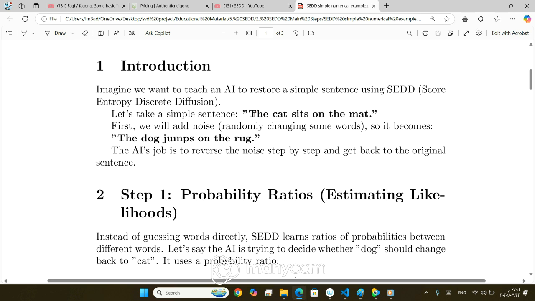The ratio between the first word and the fourth word is something. The ratio between the second word and the rest of the words is something. The ratio between the third word and the rest of the vocabulary is something. So this is what this paper will do. It will predict the ratios of the probabilities at a certain spot instead of predicting the absolute probabilities.